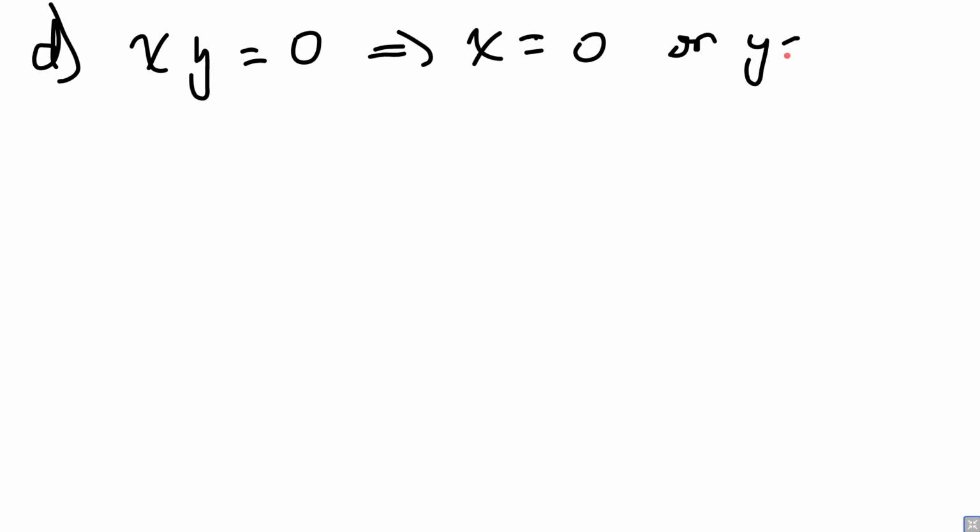Okay. Part D is to find the boundary of the function's domain. So if we find the boundaries for the domain, say that xy is equal to 0, your options would be that x is 0 or y is 0.